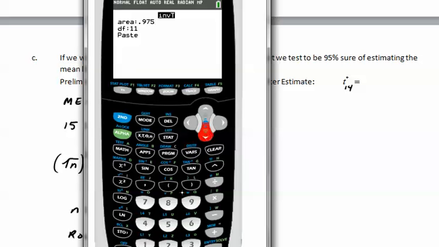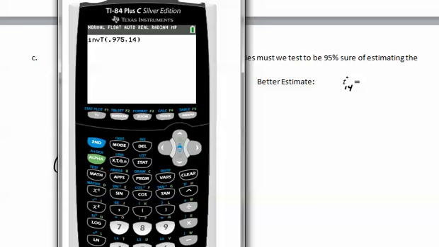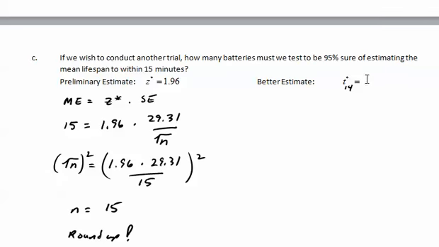Degrees of freedom is now 14. I'll do that calculation, and I end up with a value of 2.14.